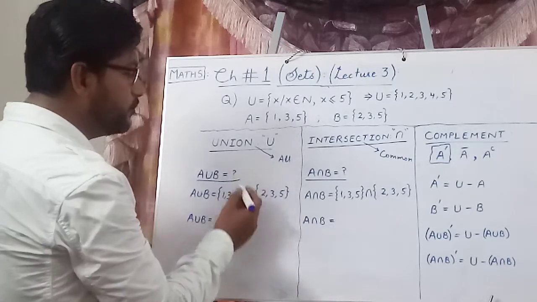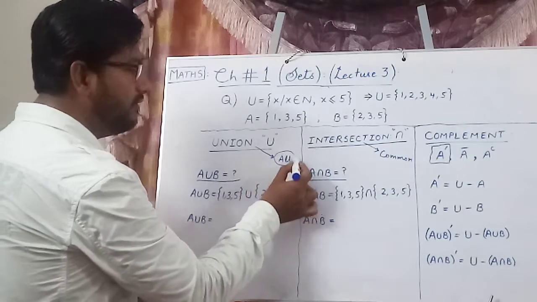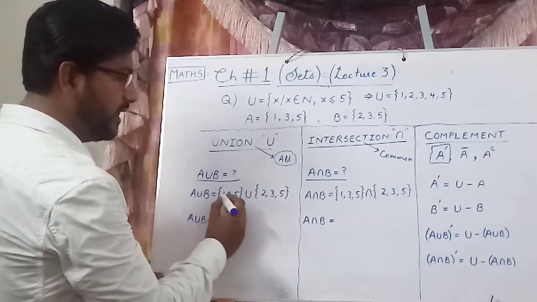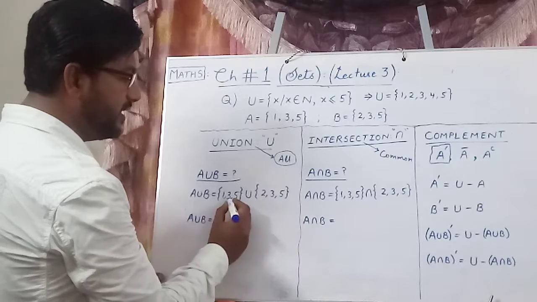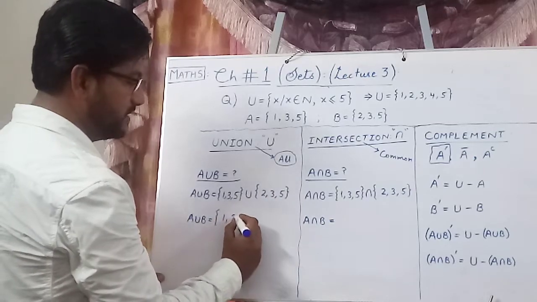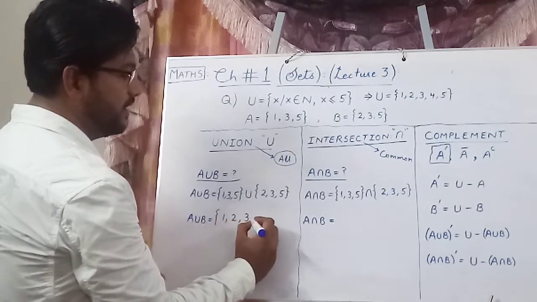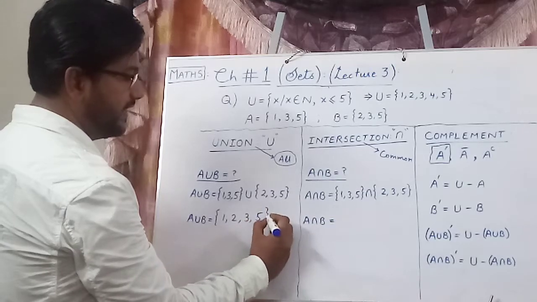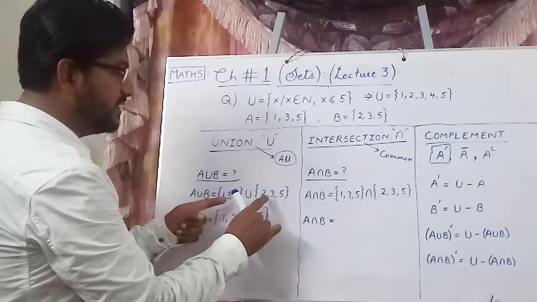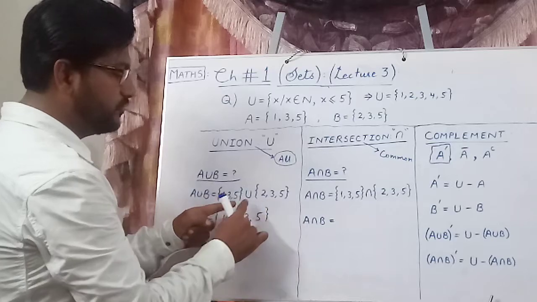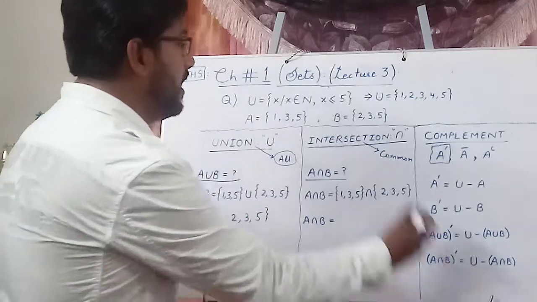So what do we do in union? We take all values: 1, 2, 3 and 5. This is our answer. We take all the values, and 3 is repeated here, so we take 3 only one time.